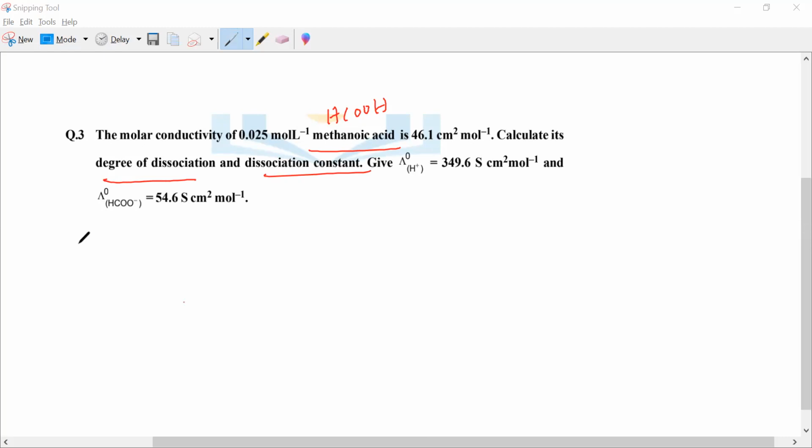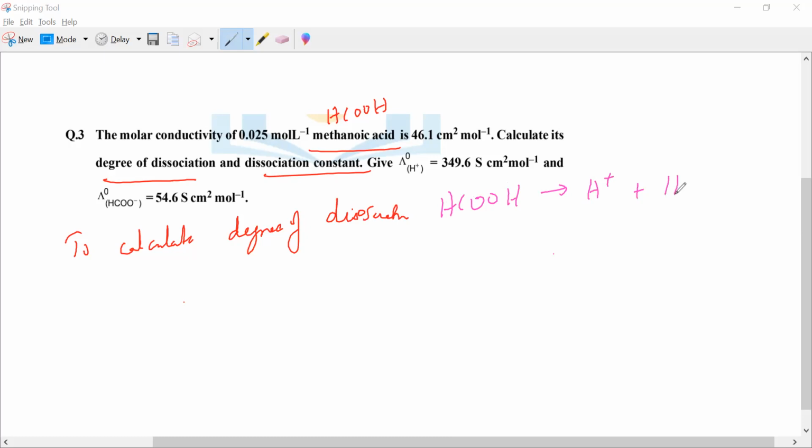What to calculate? The first one is very easy, the degree of dissociation. In the sense, if I am splitting the methanoic acid, that is HCOOH, I'll get H+ ions and HCOO- ions. That is nothing but my methanoic acid basically.